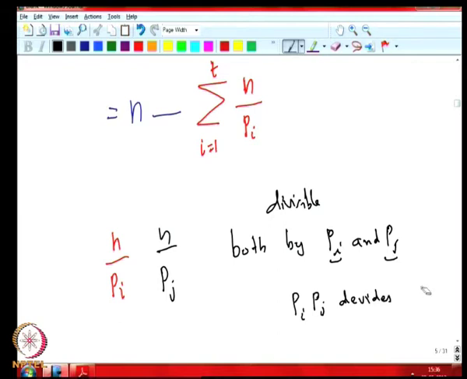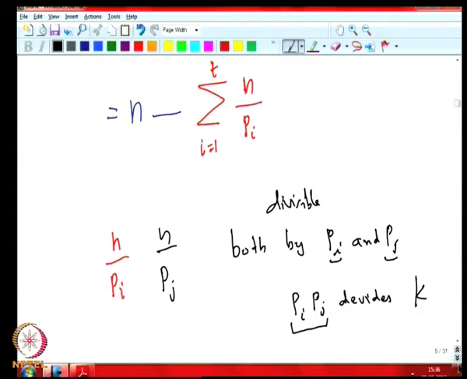If a number k is divisible by both Pi and Pj, because Pi and Pj are prime numbers, if both of them divide k, Pi into Pj has to divide, and that is the only way it can divide it, right. So, it is clear that if a number is divisible by Pi into Pj, then both Pi and Pj divide, and also if Pi and Pj both divide, then Pi Pj has to divide.